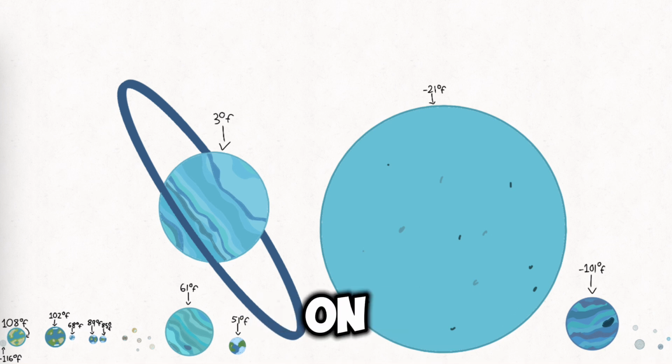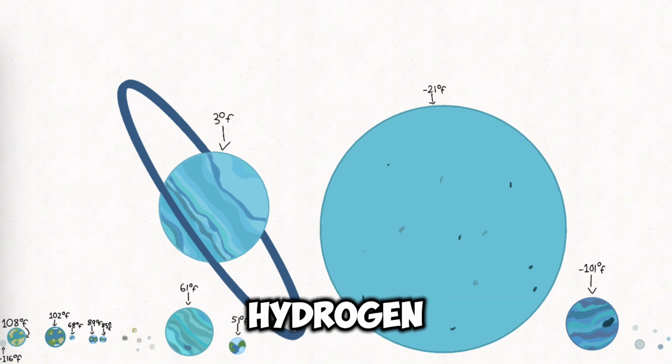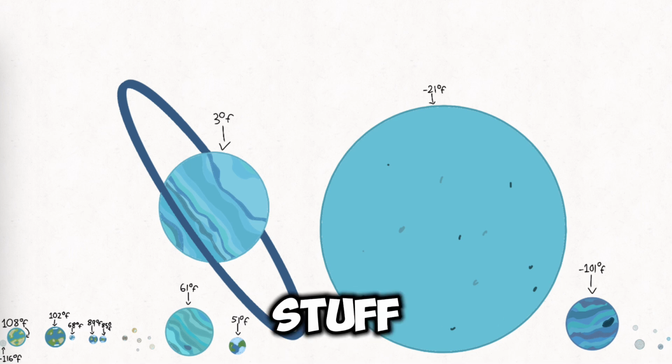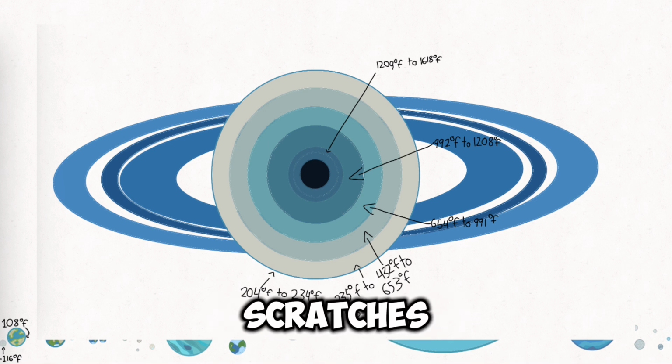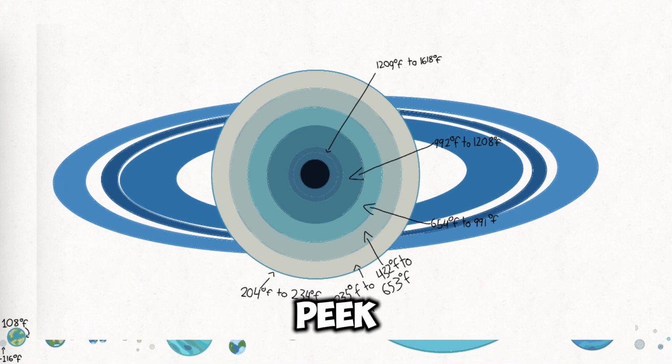Now, of course, moving on to what the gas is even made of. Well, it's mostly made of water, hydrogen, nitrogen, helium, and oxygen. Mostly that kind of stuff, and also a pinch of carbon. This is also what the star is made of, but the area where the scratch is, which is actually a peek into the inner layers, the first layer is not as blue as you might think.